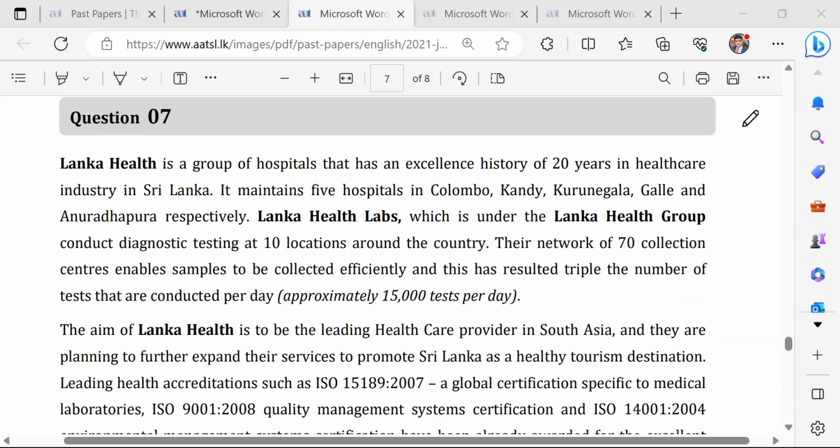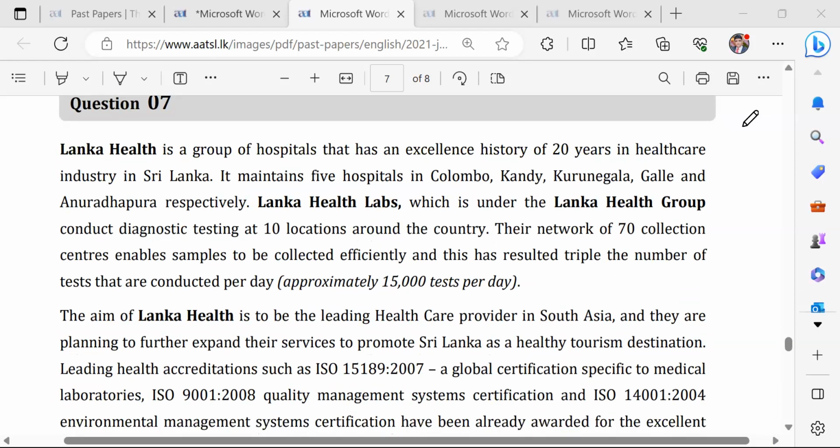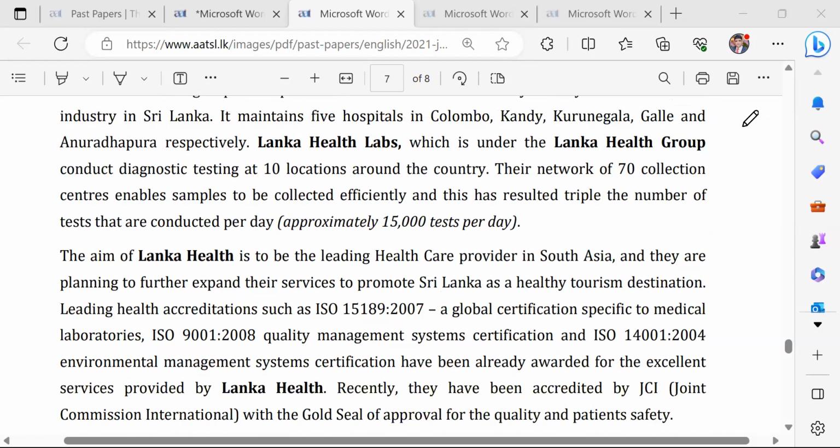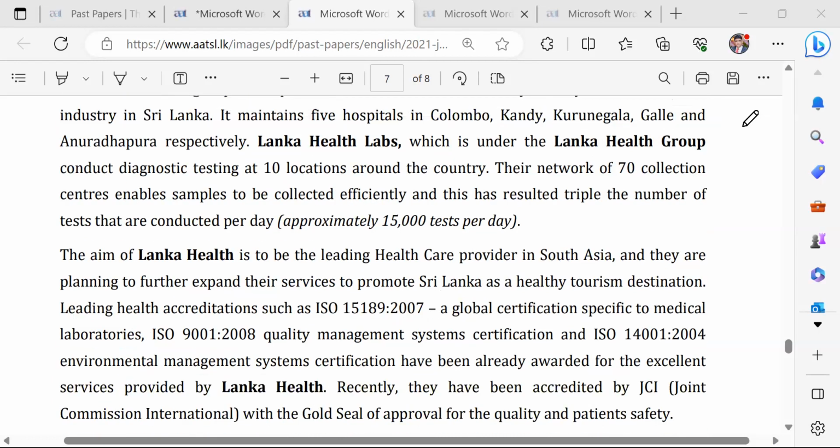Right, I will read this. Lanka Health is a group of hospitals that has an excellent history of 20 years in the healthcare industry in Sri Lanka. It maintains 5 hospitals in Colombo, Kandy, Kurunegala, Galle, and Anuradhapura respectively. Lanka Health Labs, which is part of the Lanka Health Group, conducts testing at 10 locations around the country.